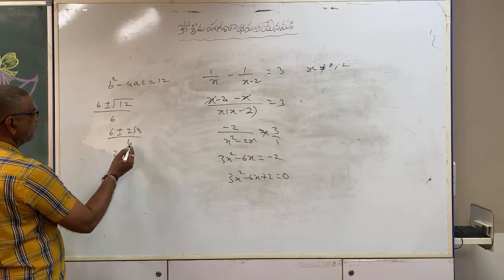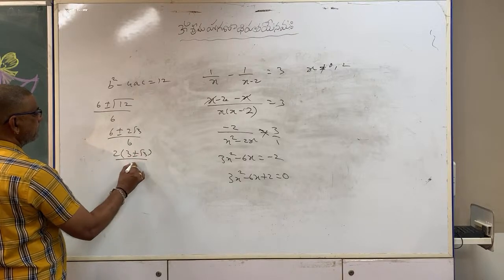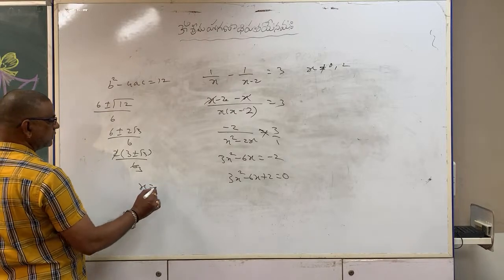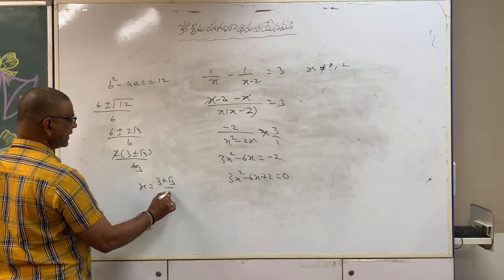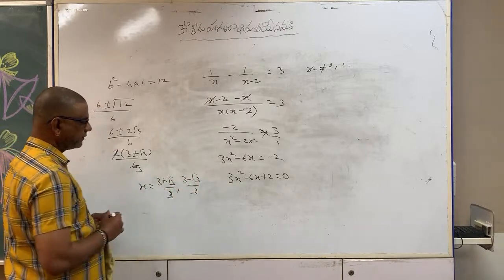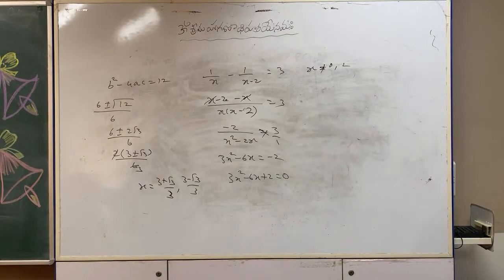Take 2 common. 3 plus or minus root 3 by 6. So x is equal to 3 plus root 3 by 3, 3 minus root 3 by 3. Did you understand, children?